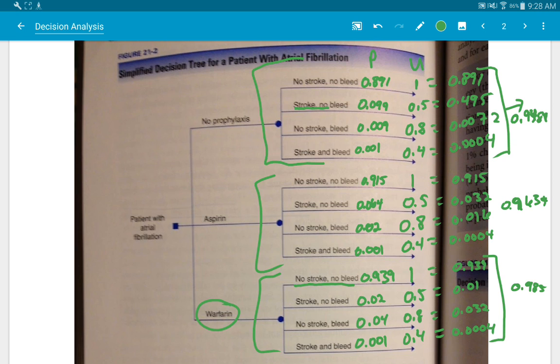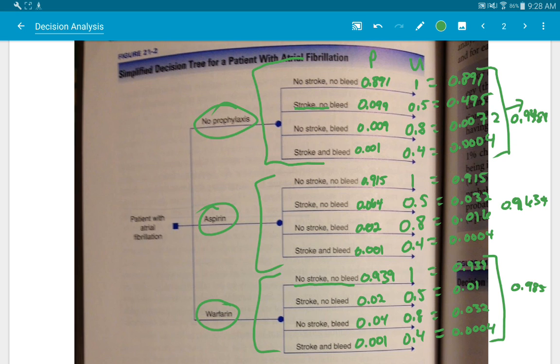What we just did is we multiplied the quality of life for each of those options times the probability. And when we added those up, we now have this additive number that tells us for each of the treatment options, the prophylaxis, the aspirin, or the warfarin, what is the probability of quality of life for each of those options in total?